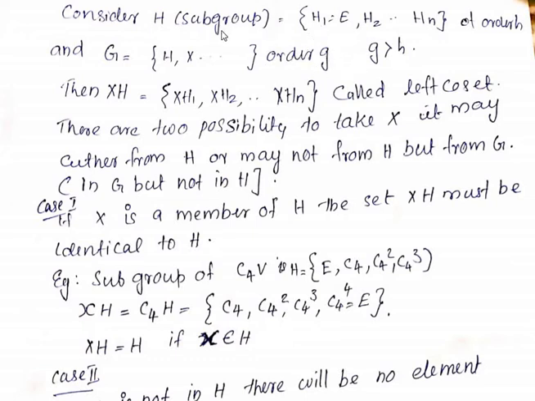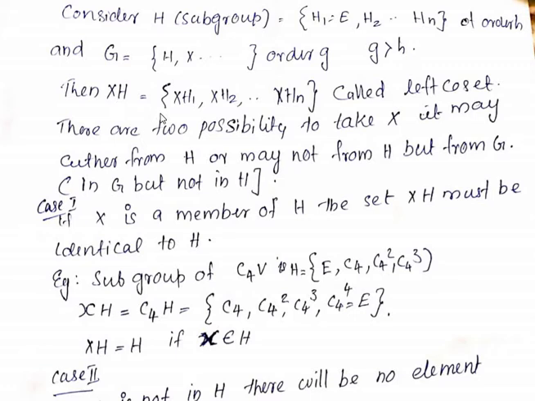We know that a subgroup is always smaller than the group and it obeys the four axioms. So g is greater than h. Then when we multiply an element x with h, it is called left because x is multiplied on the left side.